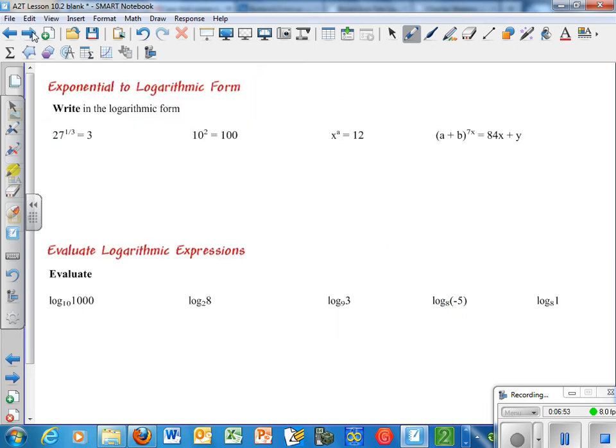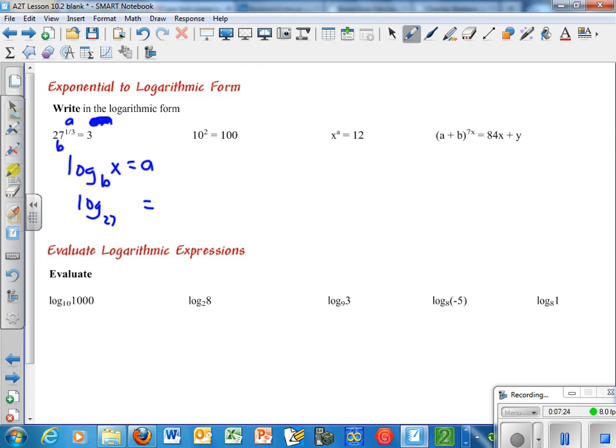Now let's look at going the other way. So now we're going to write these with logs. So the log, okay, remember, I think this was our logarithmic form. So this is the base. Okay, so the base we're going to take, it's going to be the log of 27, base 27.